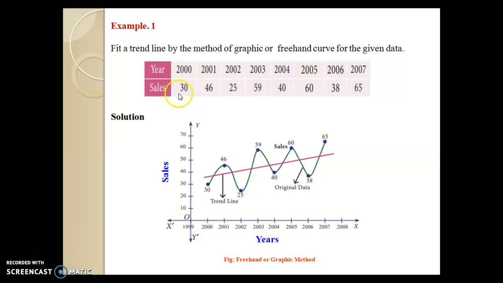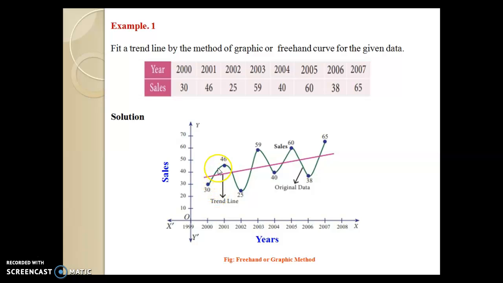If you observe again, the data sometimes increases and sometimes decreases. In 2002, the data decreases, again increases and decreases. We plot all these sales: first 2000, sales of 30, again 46, 25, up to 2007, that is 65,000 sales.